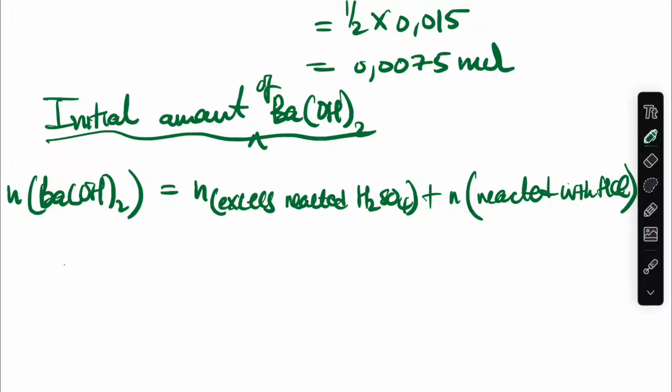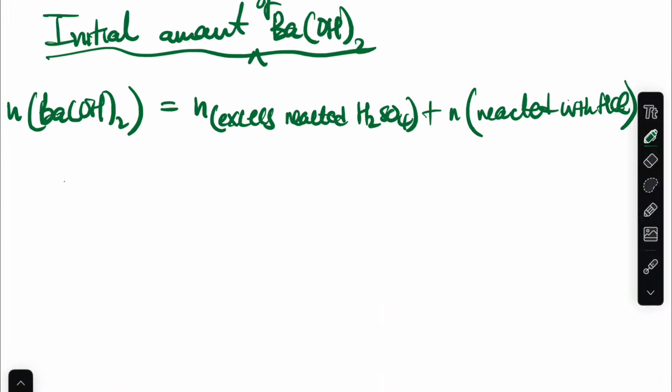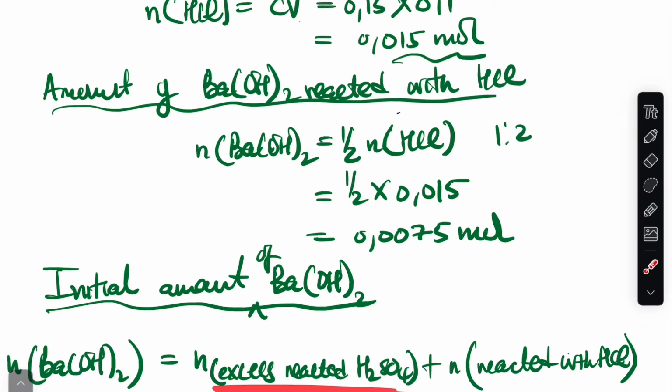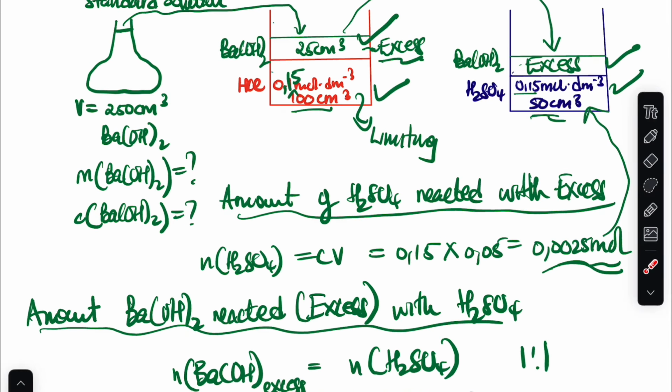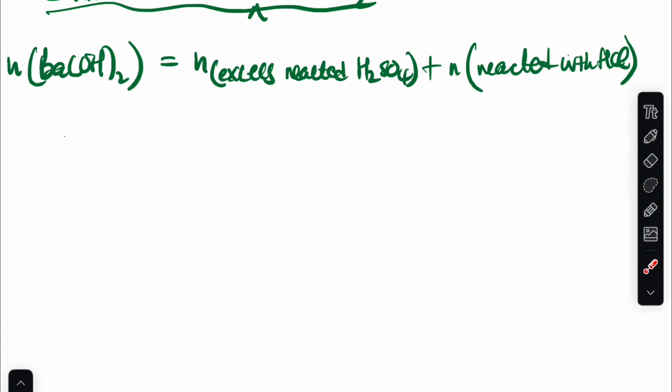So now guys, the number of moles of excess reacted with the sulfuric acid is going to be this excess here. I'm going to add this excess to the barium hydroxide reacted with the HCl, and it will give me the initial amount.